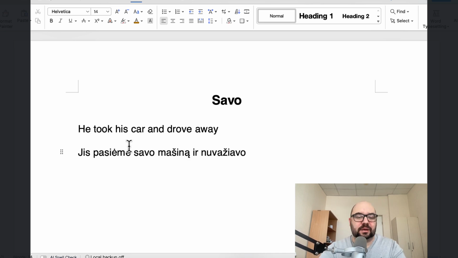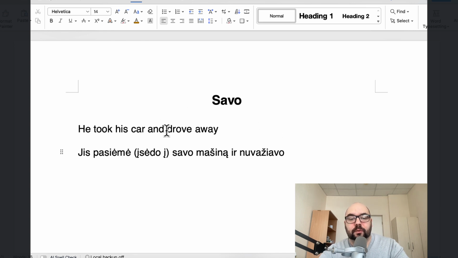We don't really take cars in the Lithuanian language. We sit in the cars. You would say įsėdo į savo mašiną ir nuvažiavo, right? So since the possessor and the subject are the same, he sat in his car.